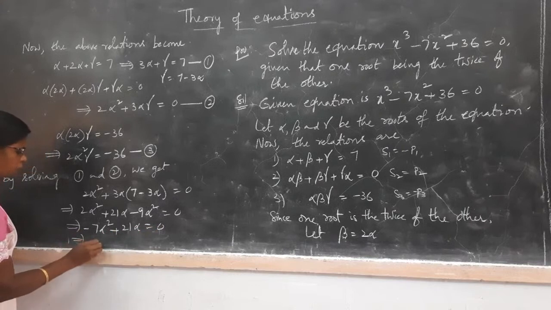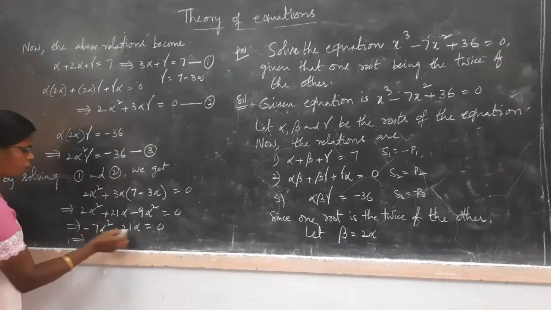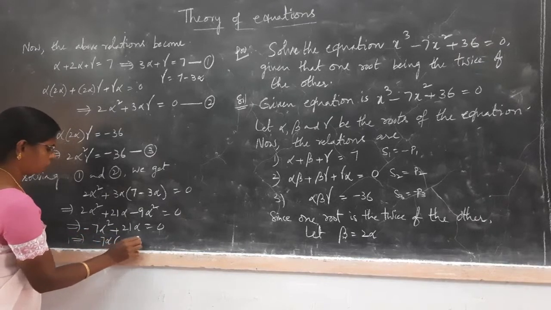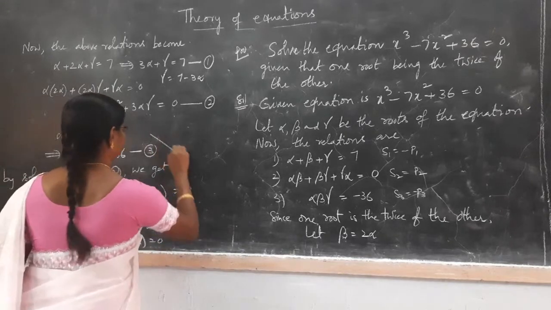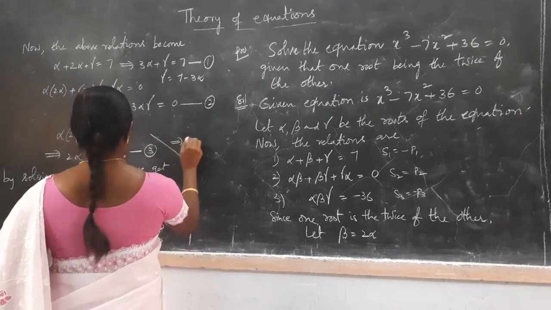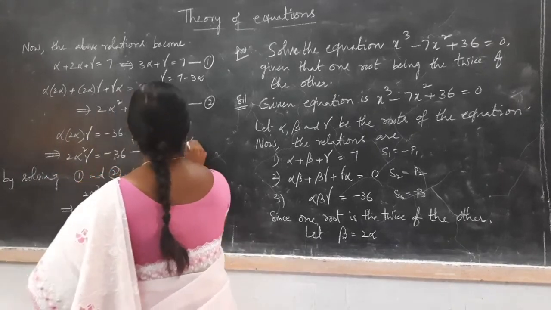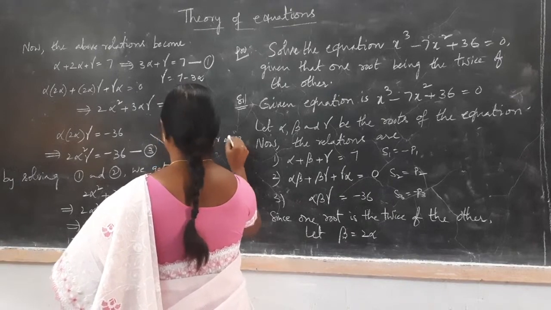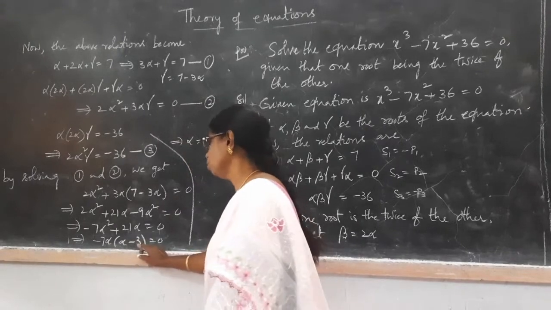This implies, taking minus 7 alpha common, alpha minus 3 is equal to 0. That means alpha is equal to 0 or alpha is equal to 3.